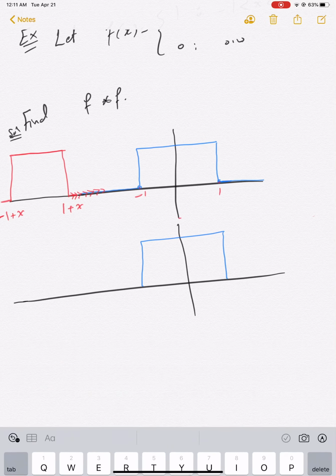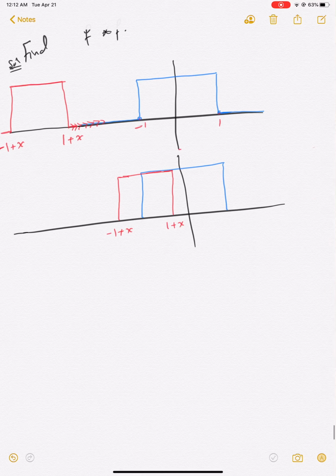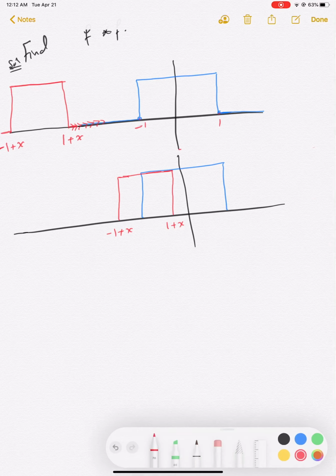At a certain point, there will be some intersection between the red and the blue rectangles. So just imagine the red rectangle looks like this. This is 1 plus x, this is -1 plus x. Again, outside these rectangles, everything is 0.